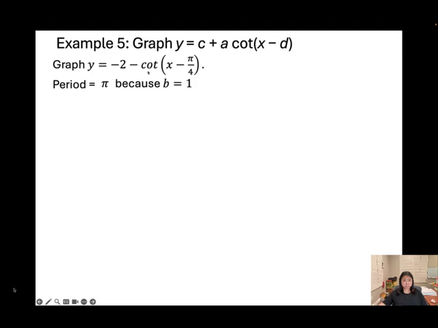And then just look at this part here. Forget about the -2. We have y equals negative cotangent of x minus pi over 4. Because of the negative, we know that it's going to be reflected. Cotangent is supposed to be a decreasing function, but because of the negative, it becomes an increasing function, increasing from the left to the right.